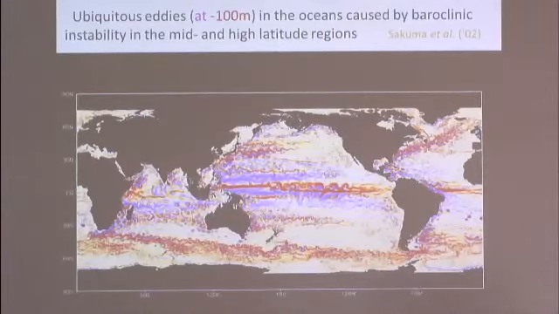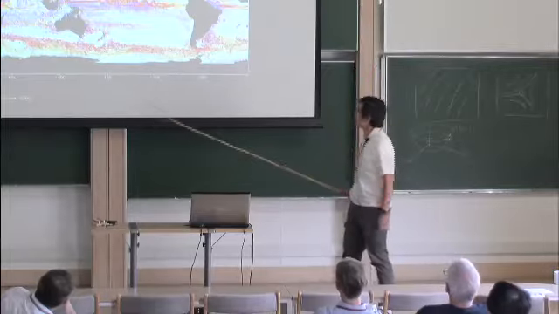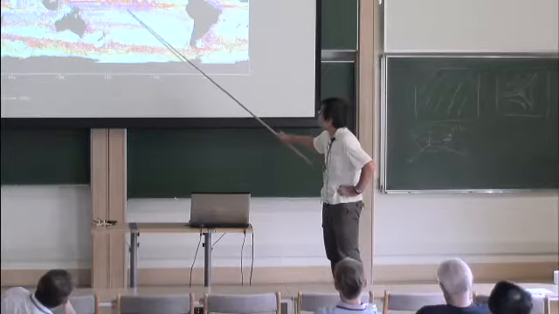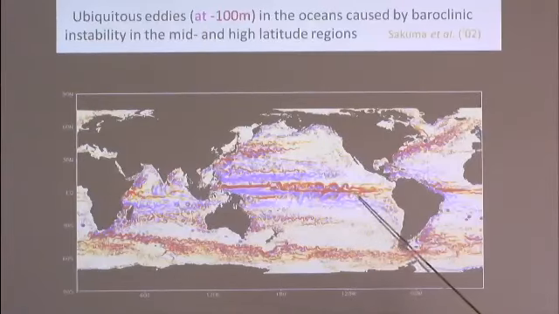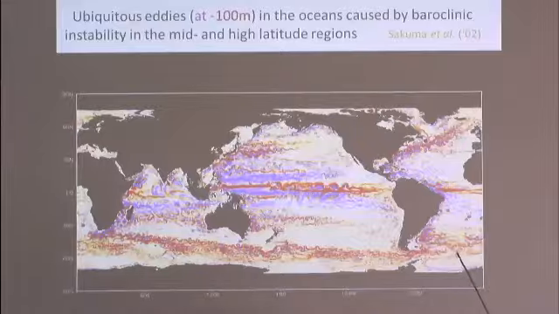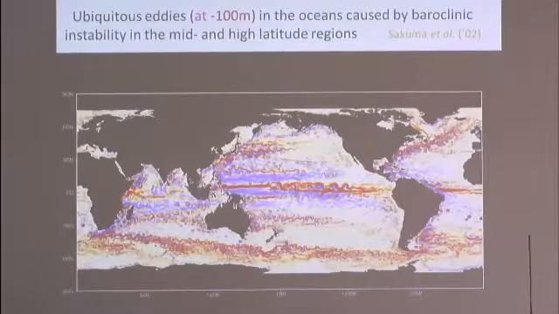You'll find an abundance of vortices under the sea. The red one is propagating eastward, and the blue one is propagating westward. So there is a lot to do for baroclinic vortices.